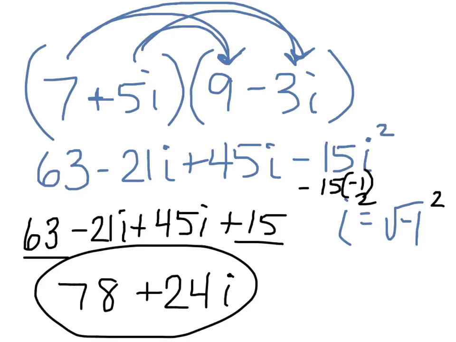I never said there was an i squared piece, did I? I always said it was a plus bi. A would be 78 and the bi would be 24i. There's no i squared in that form. So anytime you multiply that out and you get i squared, replace i squared with negative 1 and then combine like terms after that.